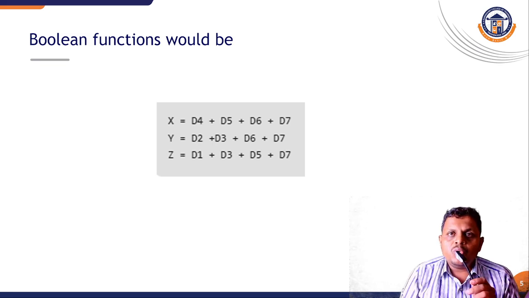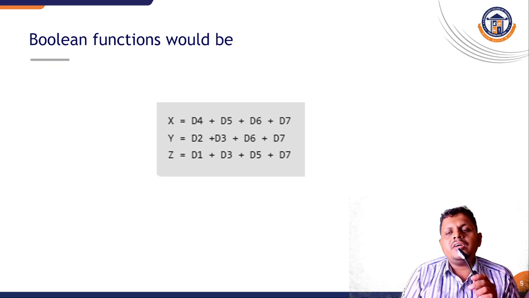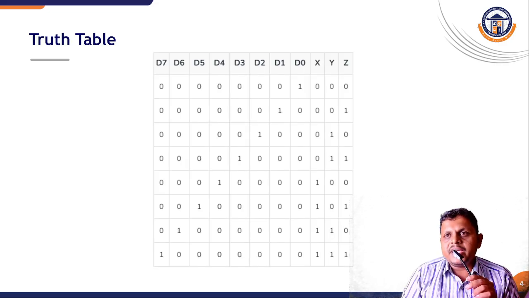And this is the Boolean expression. After plotting the K map, we obtain x equal to d4 plus d5 plus d6 plus d7. Wherever the x values are 1 in the truth table, the corresponding d values are taken.